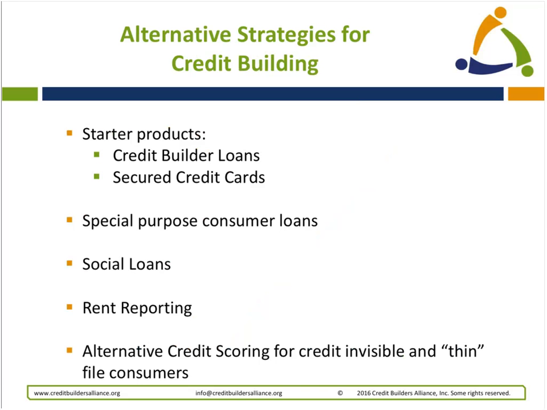We also are seeing lots of different special purpose consumer loans that are designed to meet both a specific need for capital and build credit at the same time. Examples include immigration loans, assistive technology loans, and many more. Many of our own CBA members are really on the cutting edge of designing these types of new products.